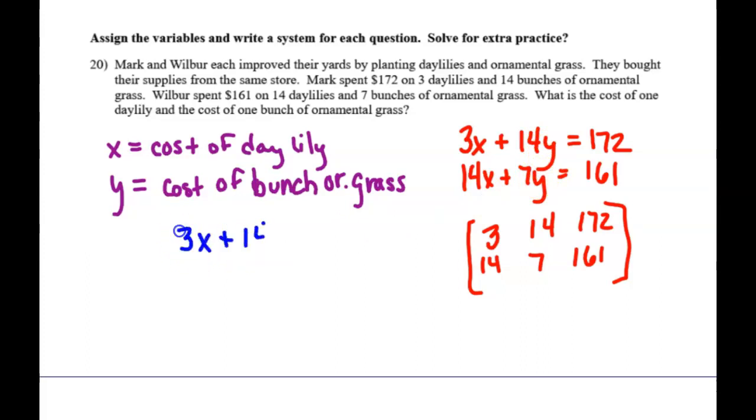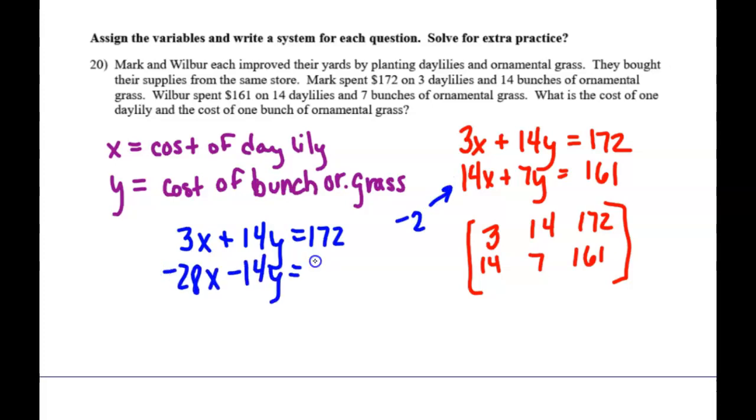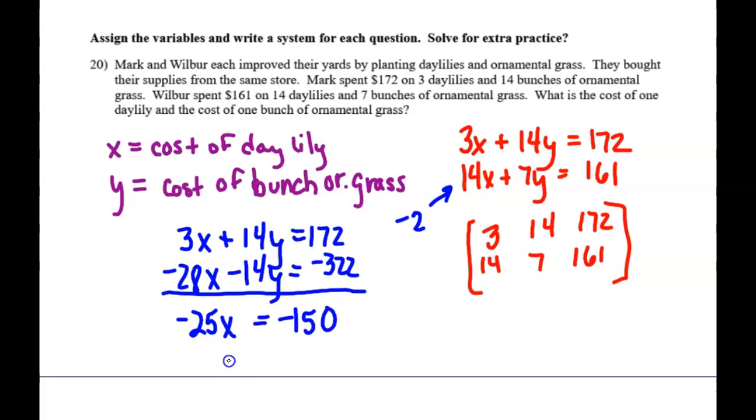So 3x plus 14y equals 172. We could multiply this by a -2 and it would become -28x minus 14y equals -322. When we added those together, the y's would drop out. We'd have -25x equals -150, I think. Someone I hope is checking this. And then you divide and get x is 6.